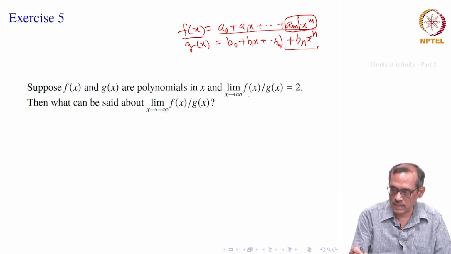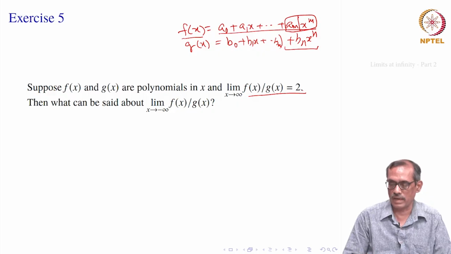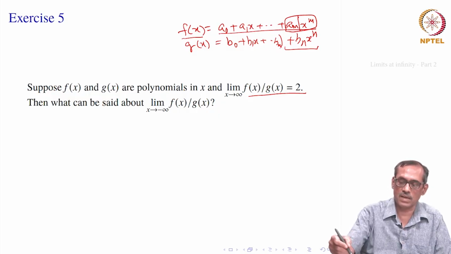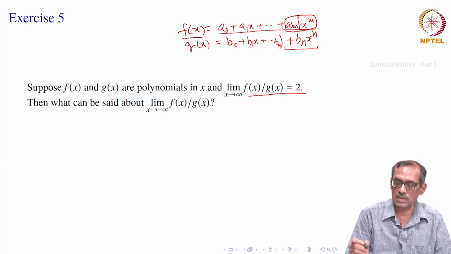But it is given that the limit is non-zero and a real number, this limit exists, right. So, this equal to infinity idea will not come now, we will talk about that later, but it is given that f x by g x equals 2. So, if m is smaller than n, it would become 0. So, m cannot be smaller. If m is bigger than n, then it will be something by 0, and that limit also does not exist.